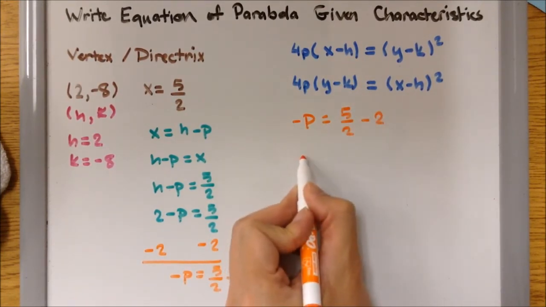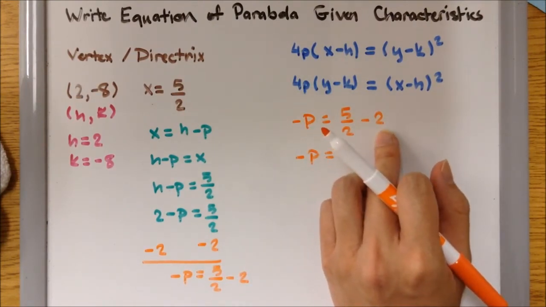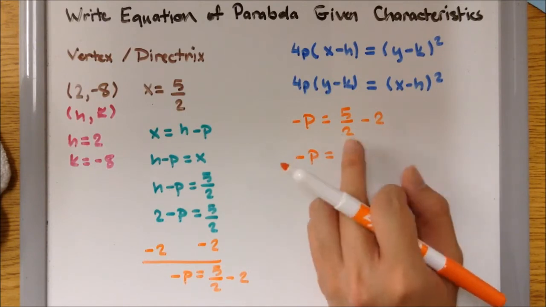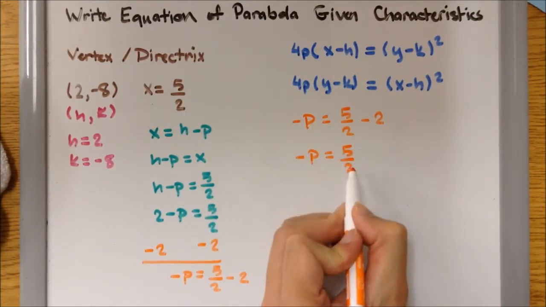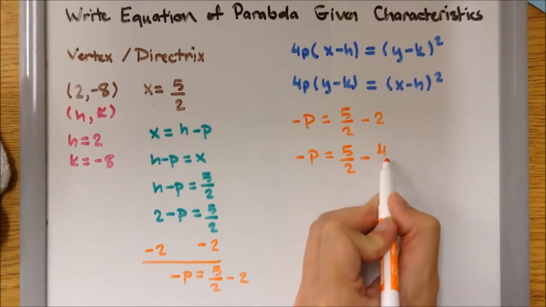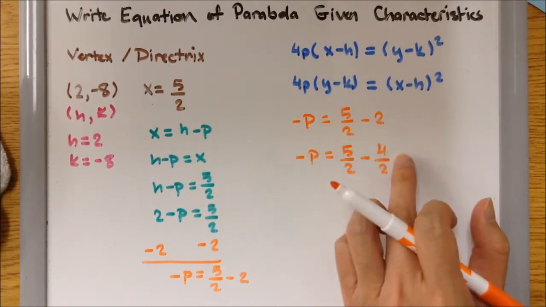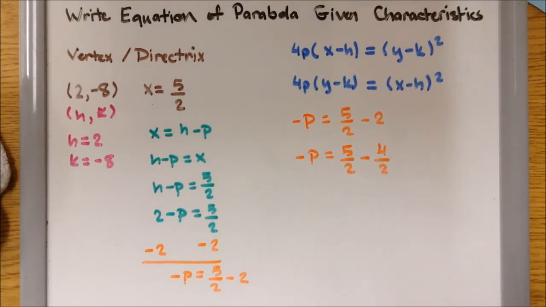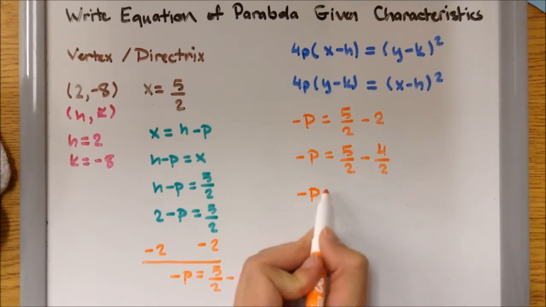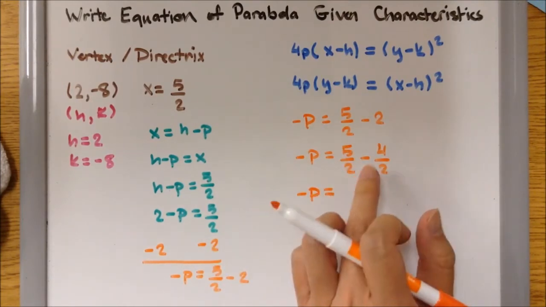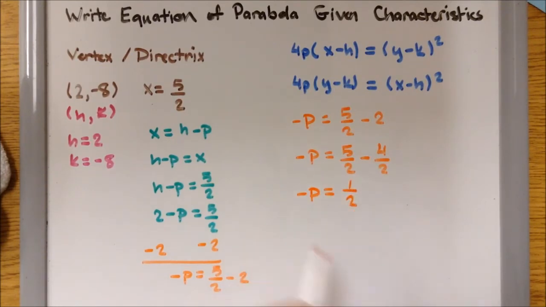What I'm going to do next is rewrite the 2 as a fraction with a common denominator of 2. So it's going to be 5/2 minus 4/2. So the 2 is equivalent to 4/2. Once I work it out, it's going to be negative p equal to 5/2 minus 4/2. That will be a positive 1/2.